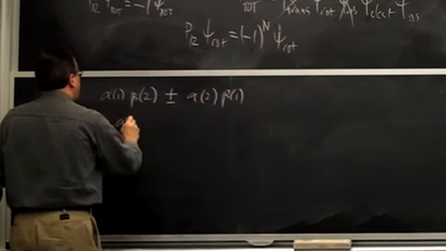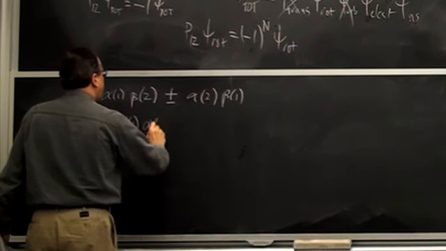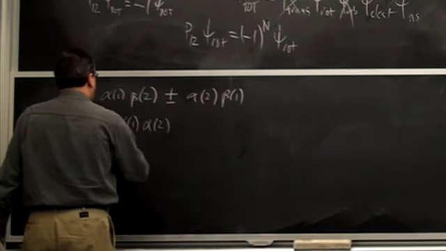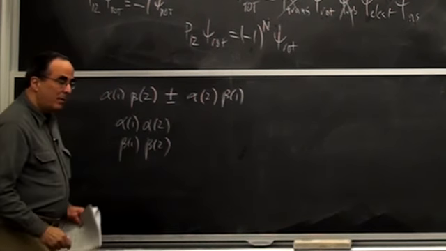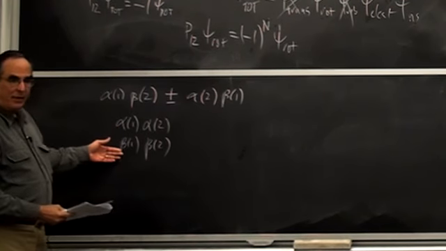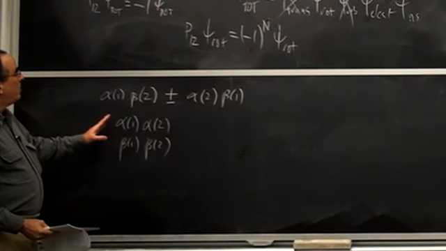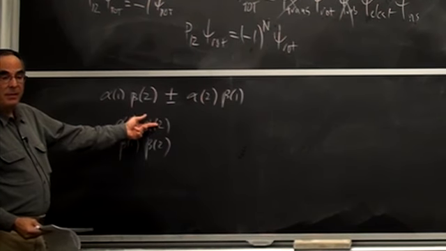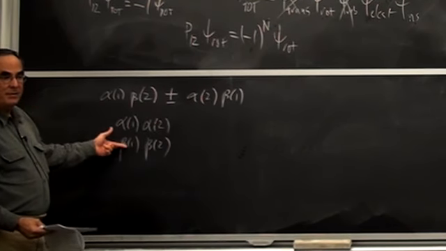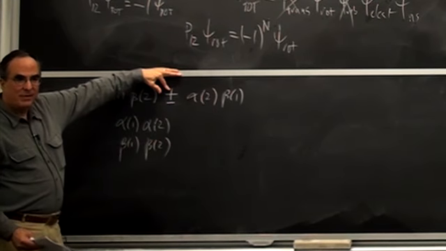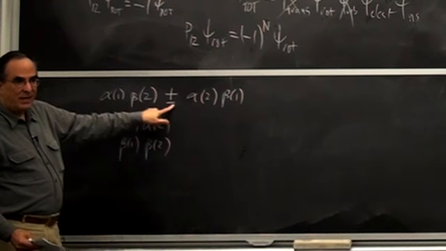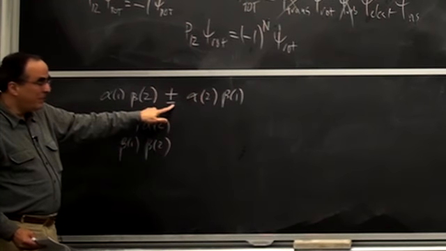And we can write alpha 1, alpha 2, and beta 1, beta 2. Okay, spin up, spin down. So permutation on this, positive. Permutation on this, positive. Permutation on the positive sign, positive.